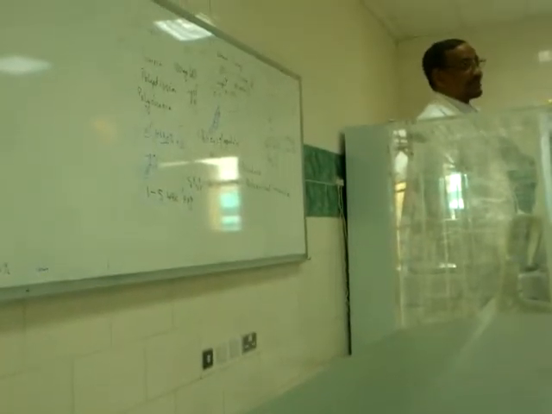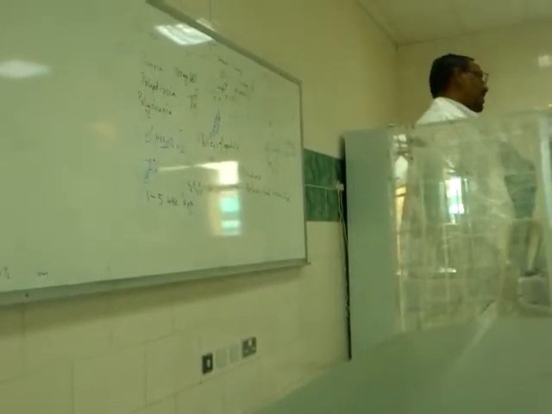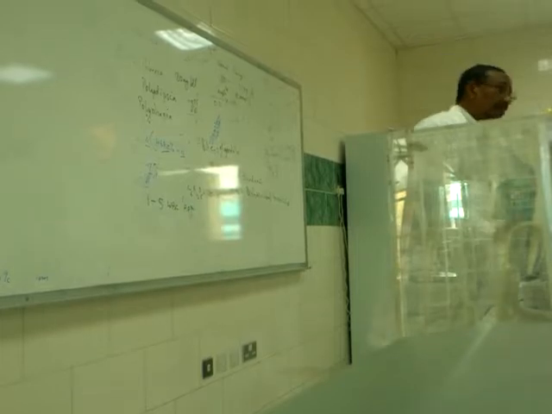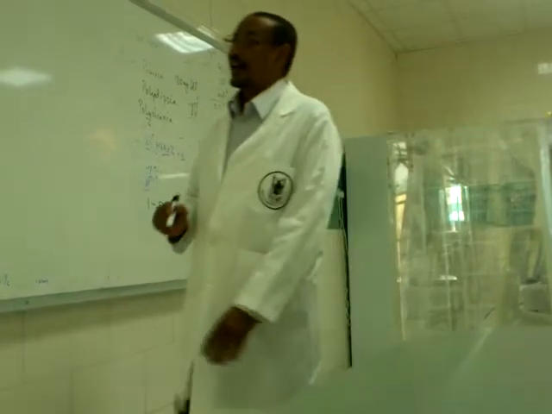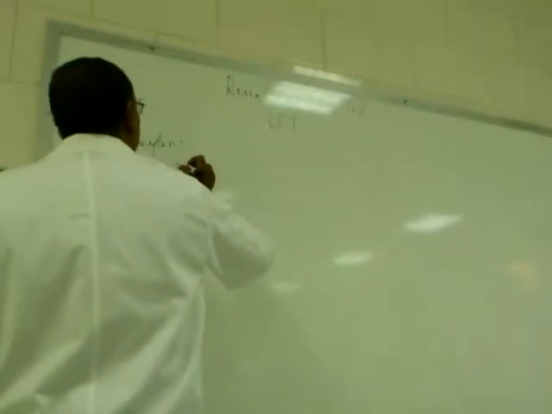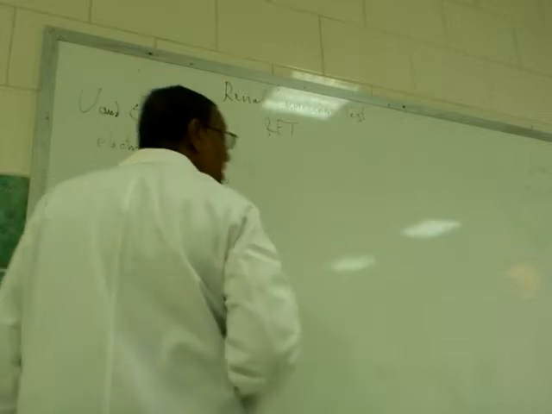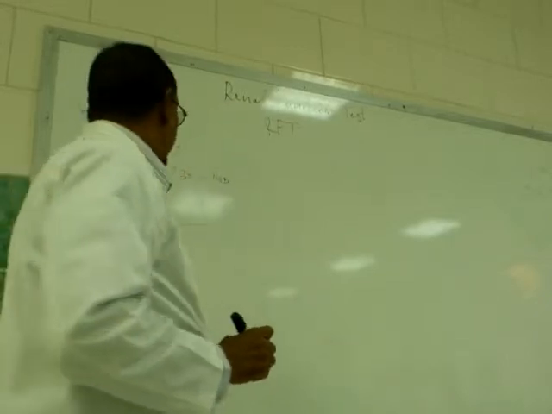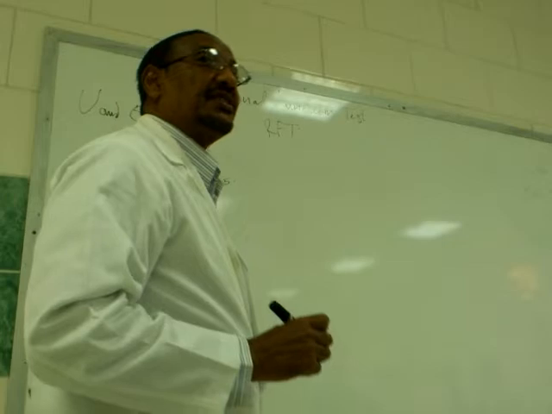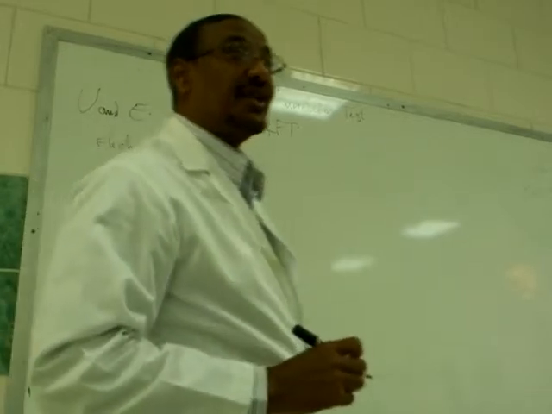Sodium is intracellular or extracellular? Extracellular. So the value of sodium will be high in the extracellular fluid, between 130 to 145 normal range. Potassium, intracellular or extracellular? Intracellular.